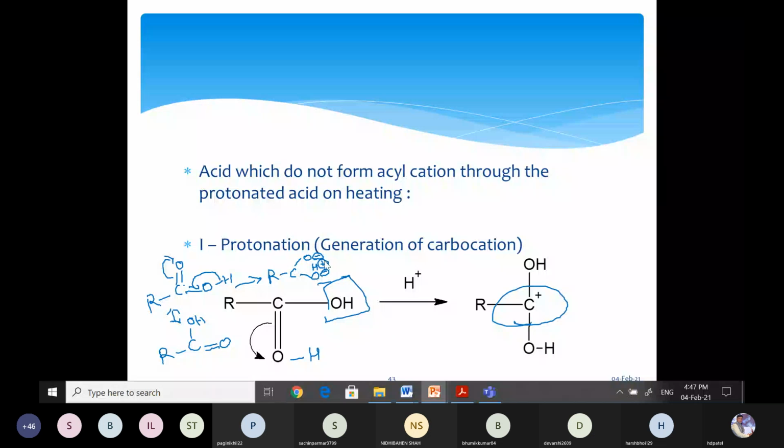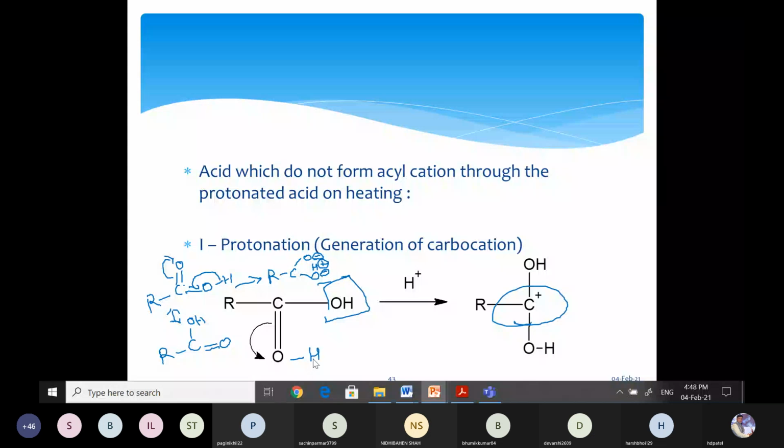If you write this resonating structure, this carbon becomes electron deficient, meaning this carbon becomes positive. Then the pi bond electrons will migrate onto oxygen, and as a result oxygen has a negative charge, so H plus proton can bind over here.